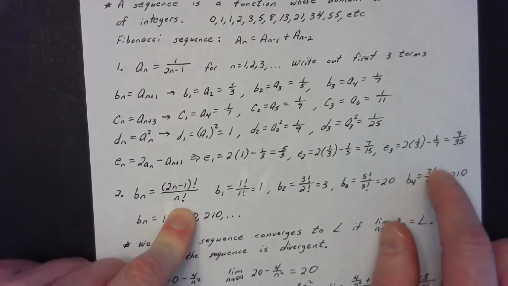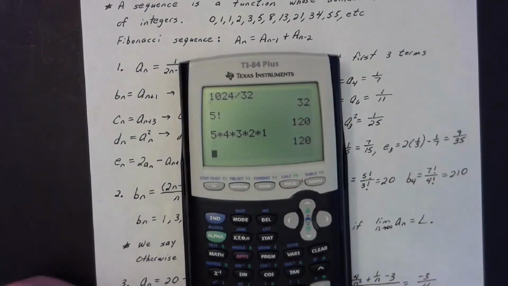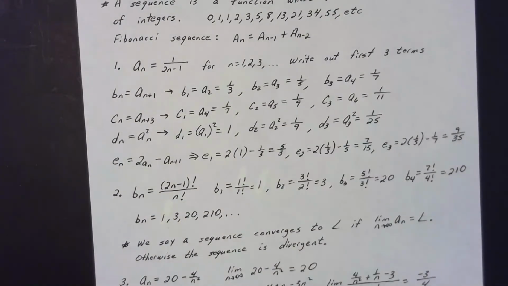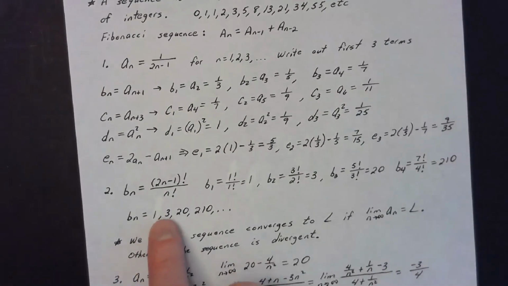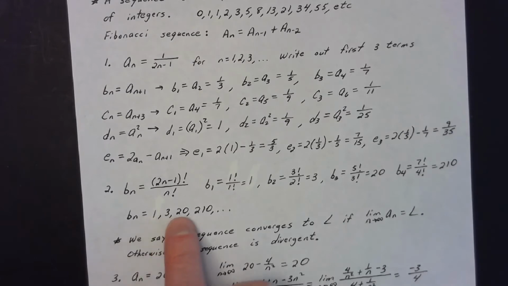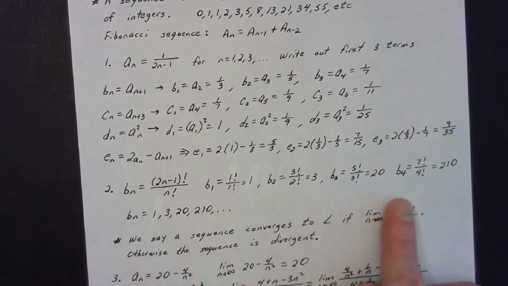So B sub 4, 7 factorial over 4 factorial, I know that that's just going to be 7 times 6 times 5, because then the rest would cancel out with a 4 factorial in the denominator. That's where that 210 came from. So now I can say the first 4 terms of the sequence B sub n are 1, 3, 20, and 210. Of course, this sequence would continue forever and ever and ever.